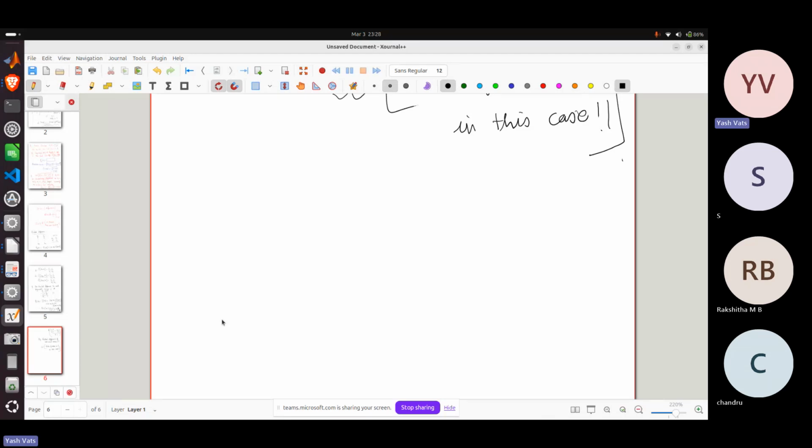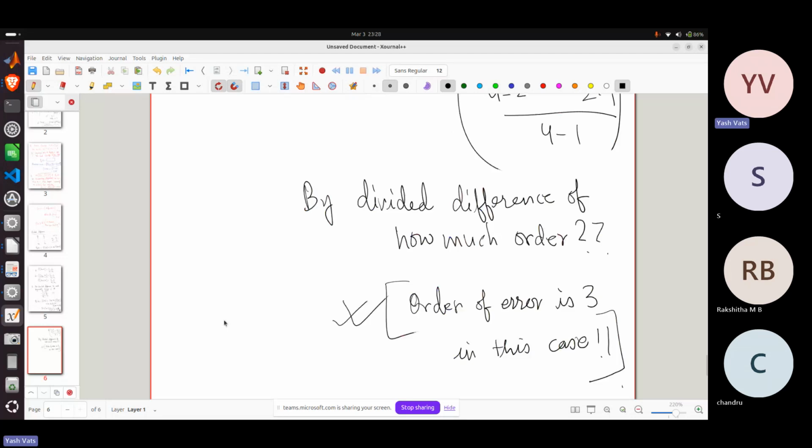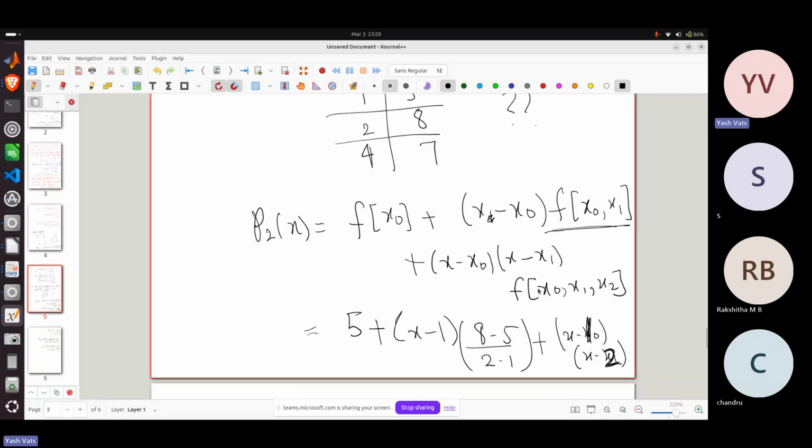The questions can be asked basically from calculating this type of divided difference, f[x0, x1], like this.